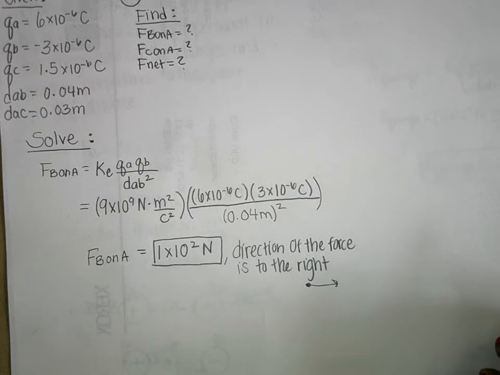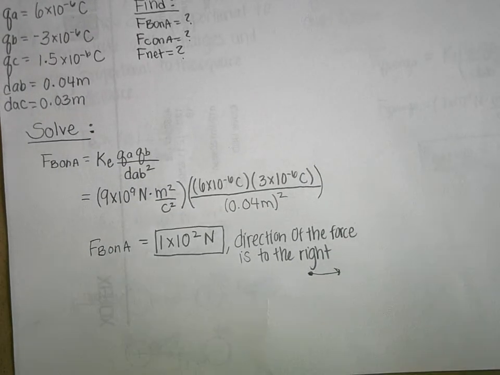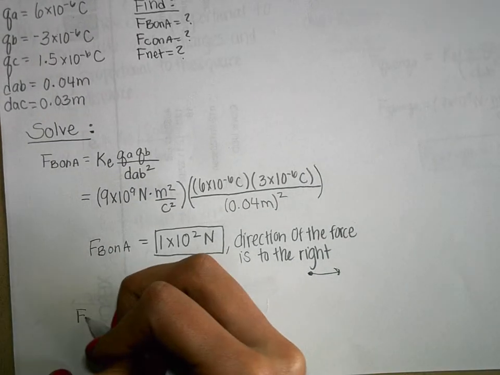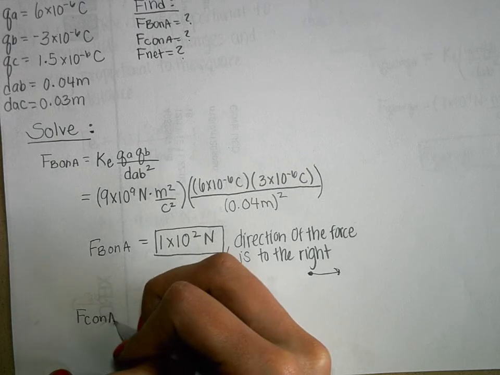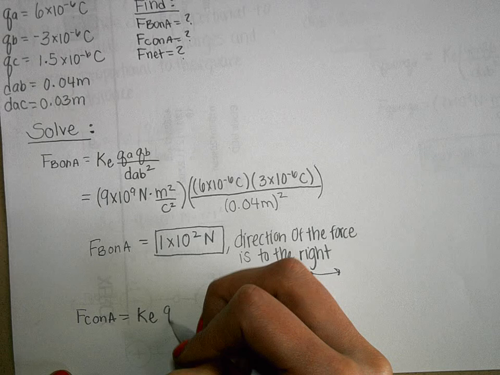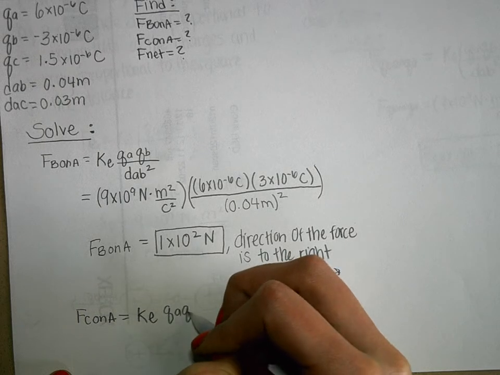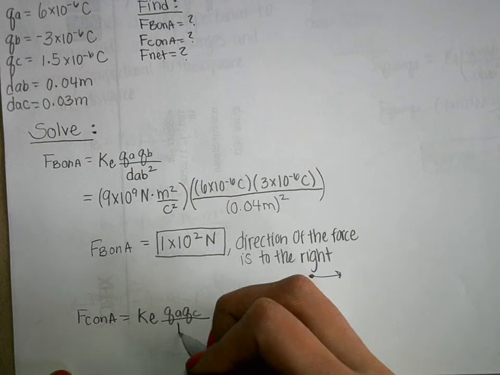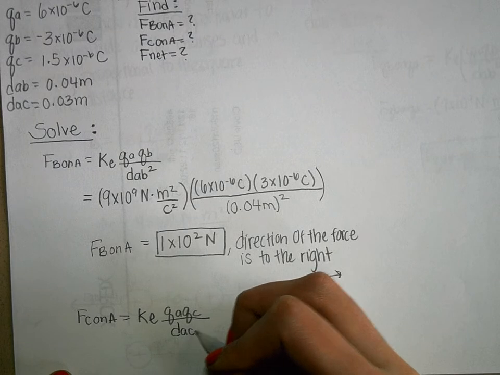Okay, next we can do force of charge C on charge A. And we're just going to do the same thing. So we have our electric constant times charge A times charge C divided by the distance between charge A and charge C squared.